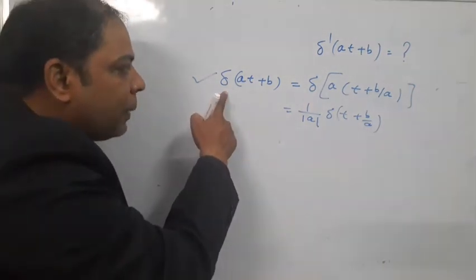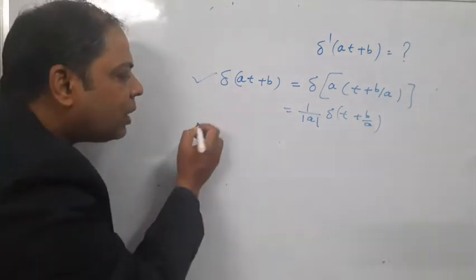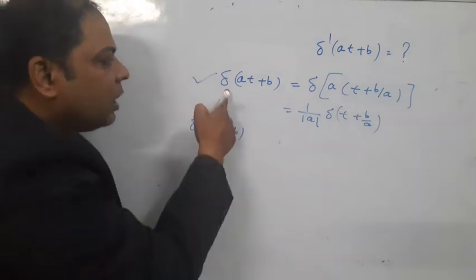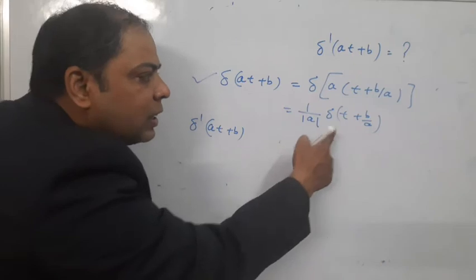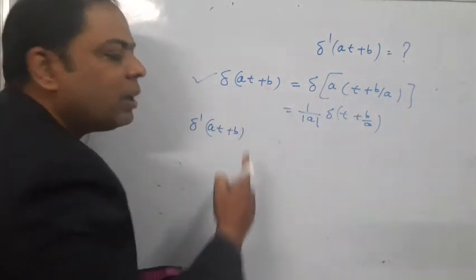Now if in place of the impulse you put the doublet function or doublet signal, that means del dash at plus b. See, here for del at plus b, that is known to you, 1 by mod a del of t plus b by a. But in the case of del dash at plus b, what will be the result?